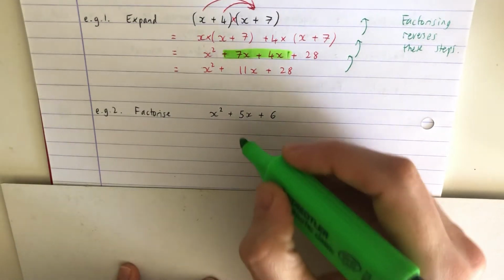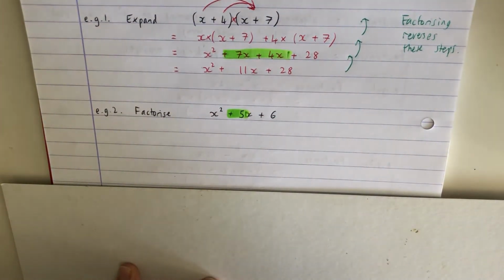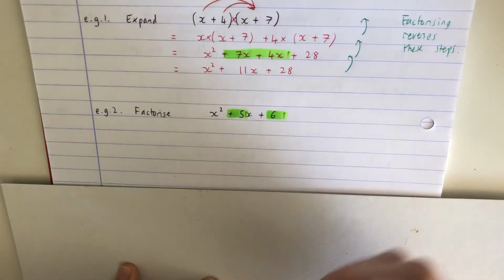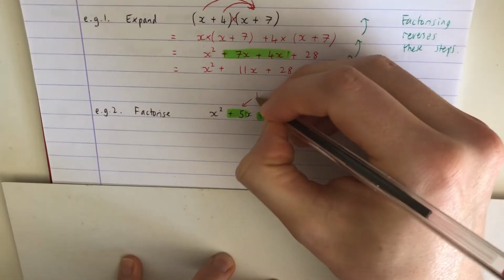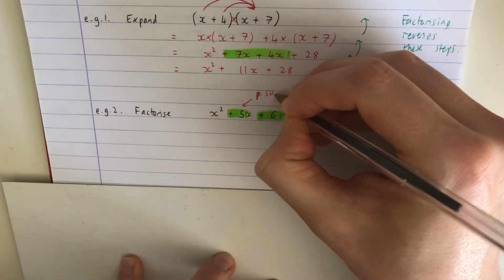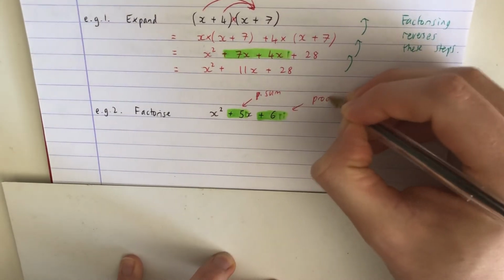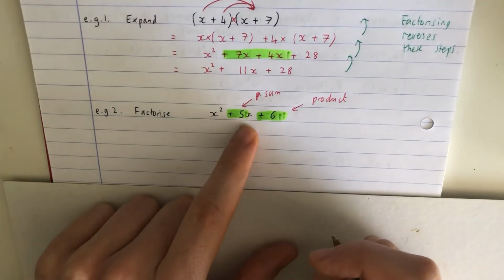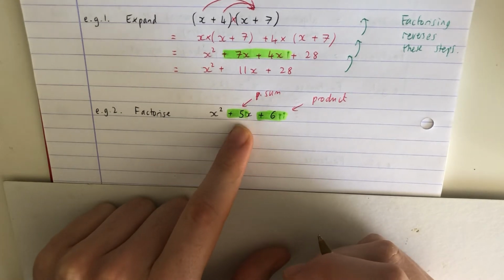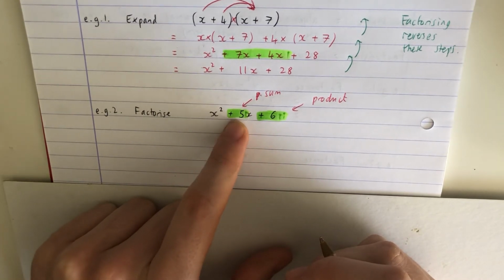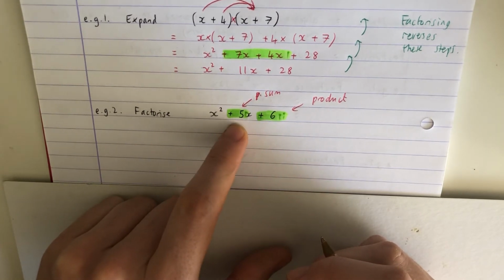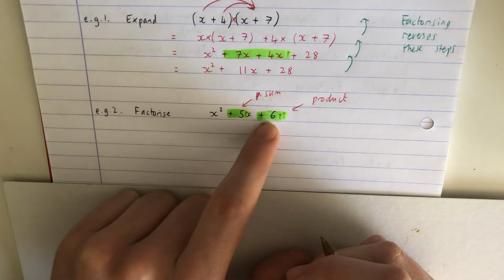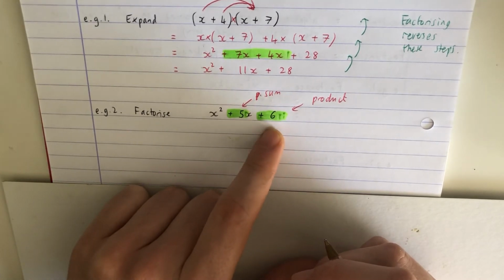If you highlight the number in front of the x, and you highlight the number on the end, there's a pattern. And the pattern is, you try and think of 2 numbers which add up to 5, but then their product is 6, the number on the end.